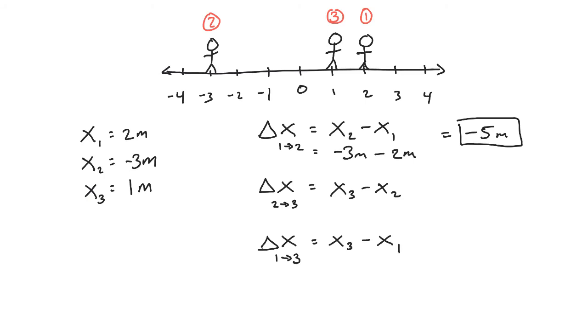Next one. So let's take a look here. We have position 3, which is 1 meter. And then we need to minus, and be careful here, position 2 is negative 3 meters. So those two minus signs become a positive, and we actually get plus 4 meters. Great. So we'll double check that. And here we are at position 2.